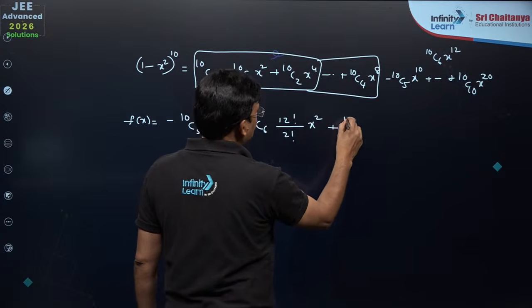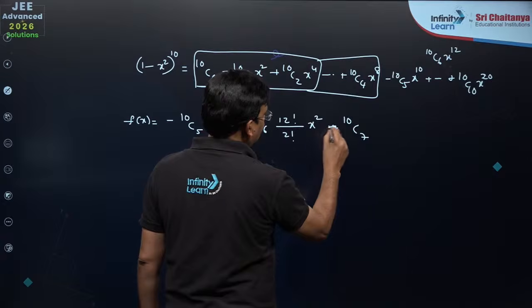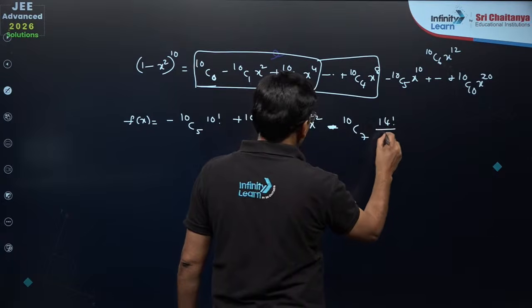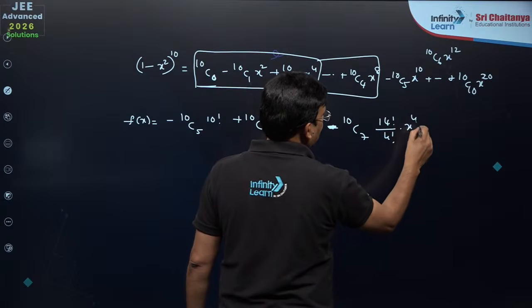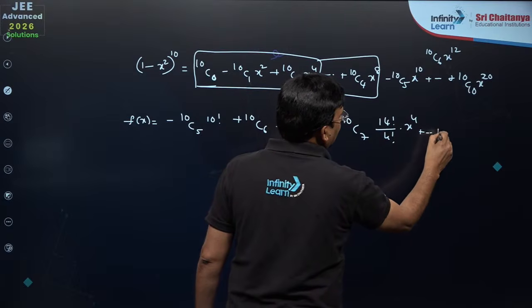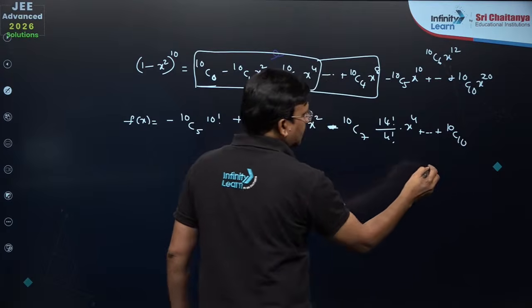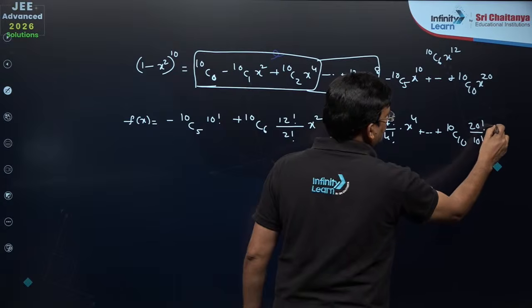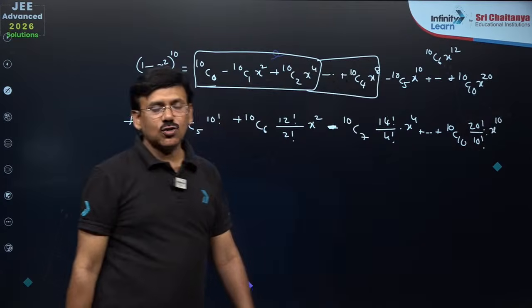The next one you can write 10c7 with minus, it is going to be 14 factorial by 4 factorial into x power 4 and so on. Finally 10c10, this is going to be 20 factorial by 10 factorial into x power 10. This is going to be f of x.